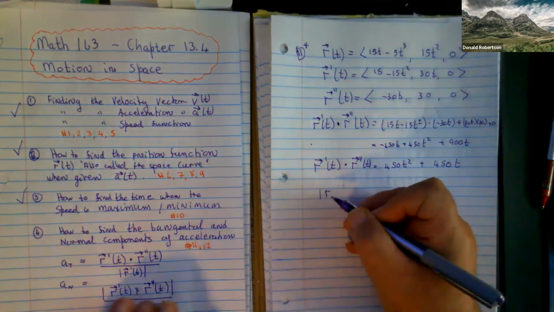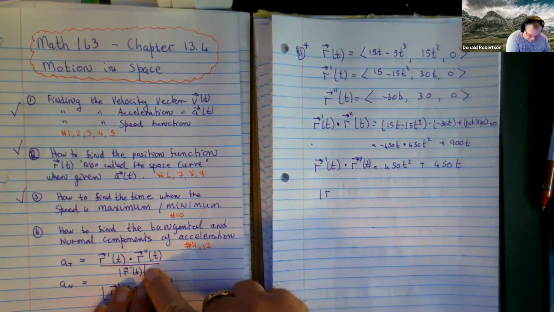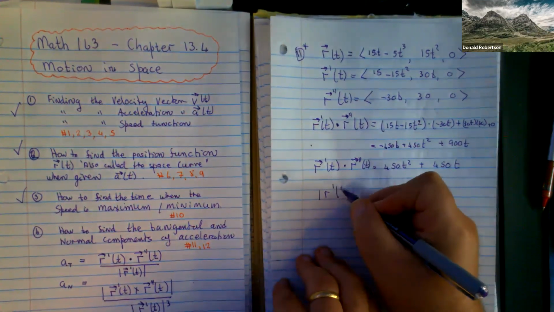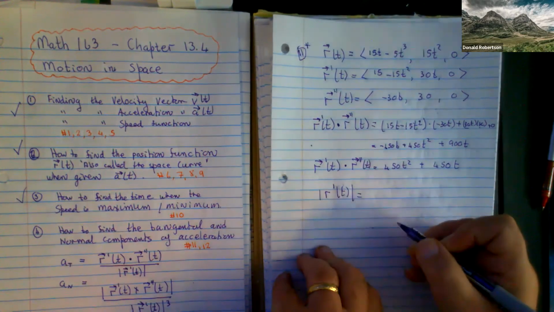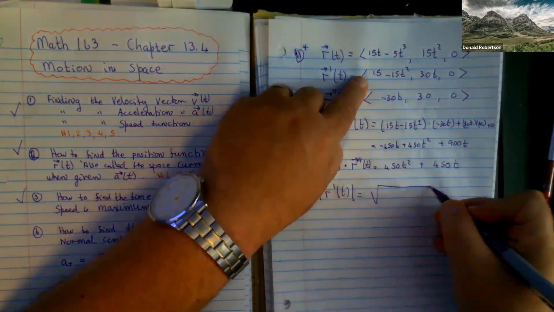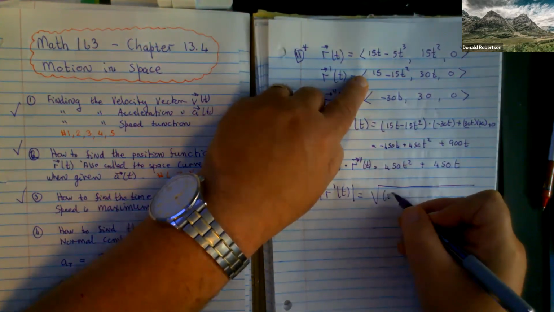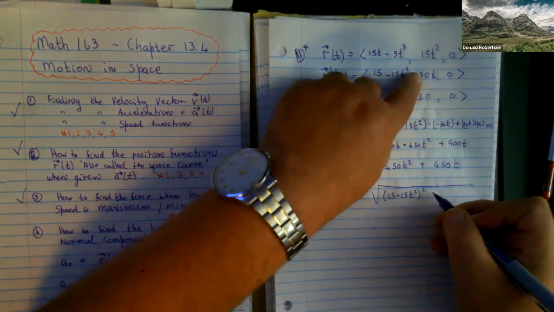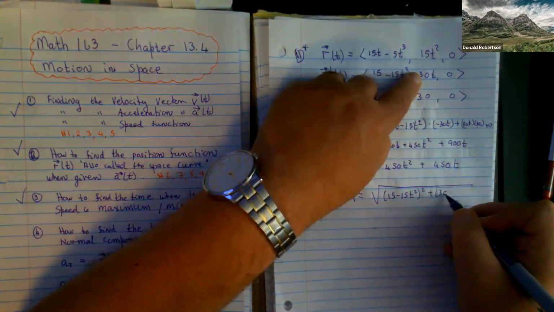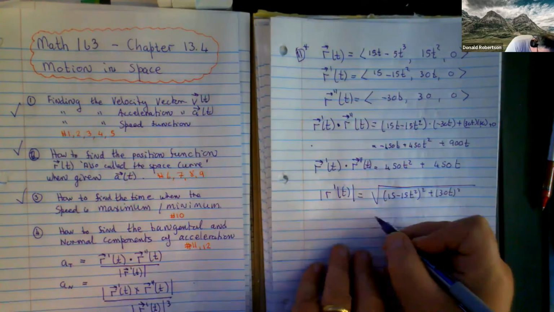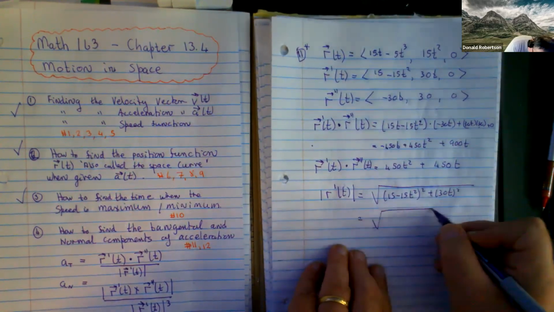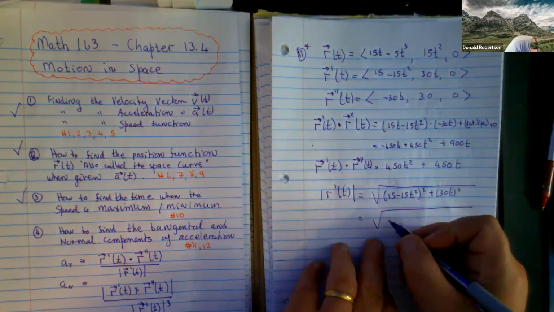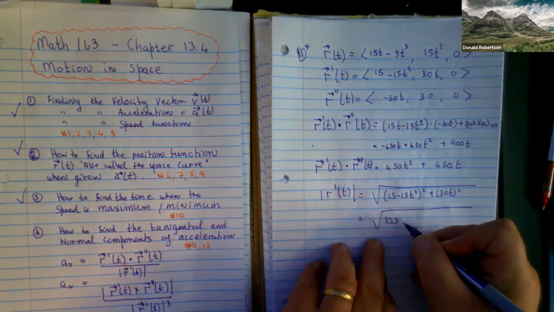The second component I need to know is this magnitude. Well, the magnitude of the first derivative is the square root of this squared plus this squared. This gets me 225.